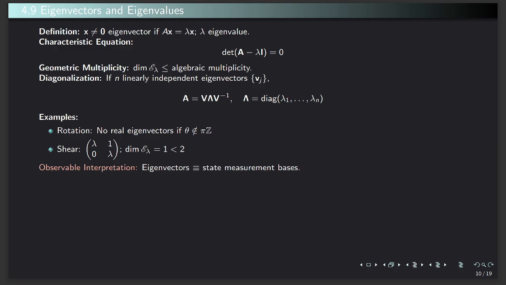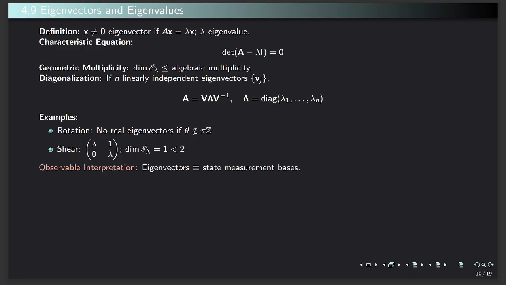Eigenvalues are found as the roots of the characteristic equation, which sets the determinant of A minus lambda times the identity to 0, this famous expression we all know. An operator on an n-dimensional space is diagonalizable if it possesses n linearly independent eigenvectors.